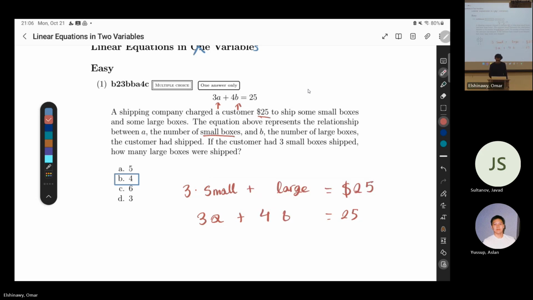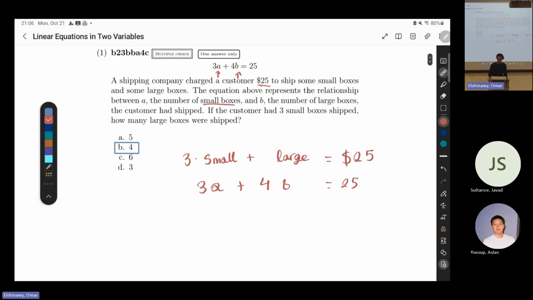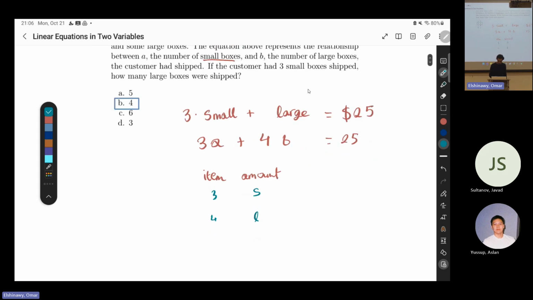So if you've ever seen a bill, it's usually the item, the amount, small, you got 3, and large, you got 4, and the subtotal is 25. So this is really what it says. More of a reading question than a math question, but it is what it is.